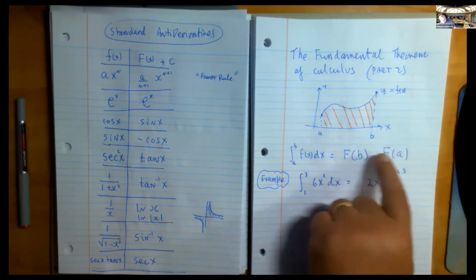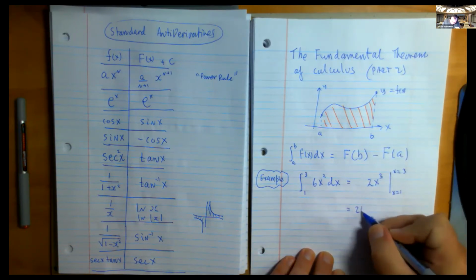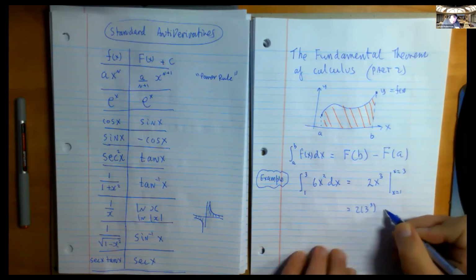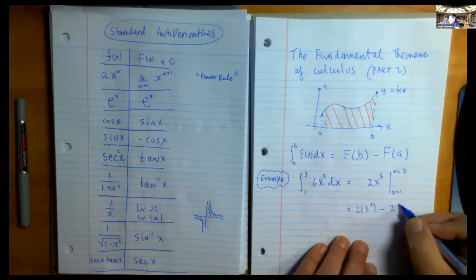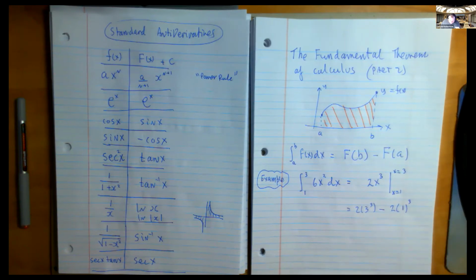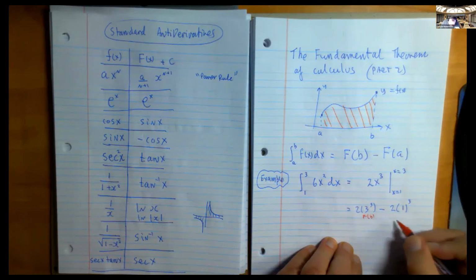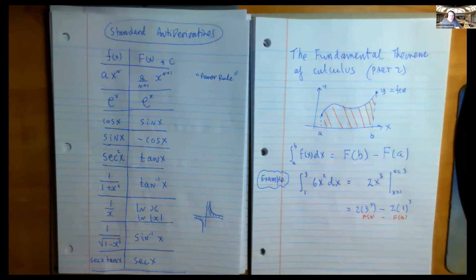Now you plug in 3: 2 lots of 3 cubed, take away 2 lots of 1 cubed. That is basically f of b, and that is basically f of a, but this is the way you set down your working.